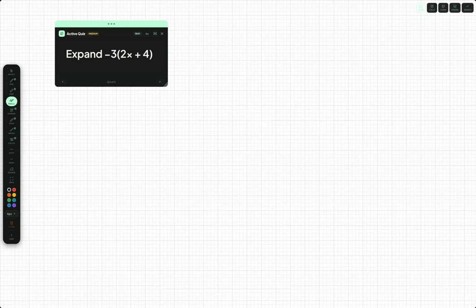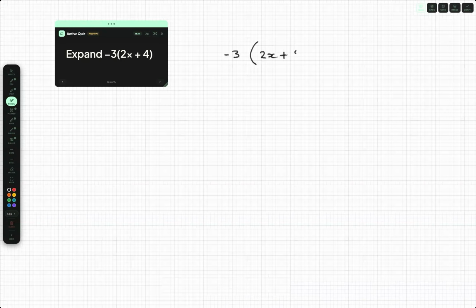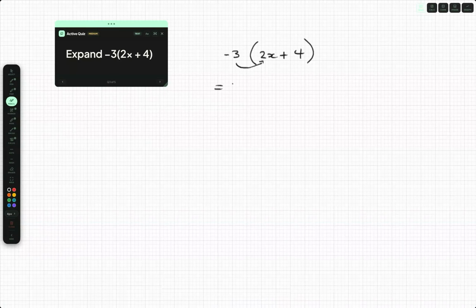Okay, let's do another one. So minus 3 times 2x plus 4. Again, distribute the negative 3 over, so it's minus 3 times 2x plus minus 3 times 4.